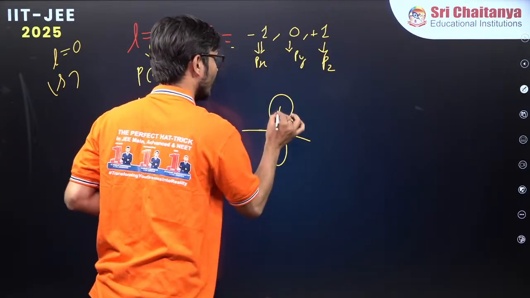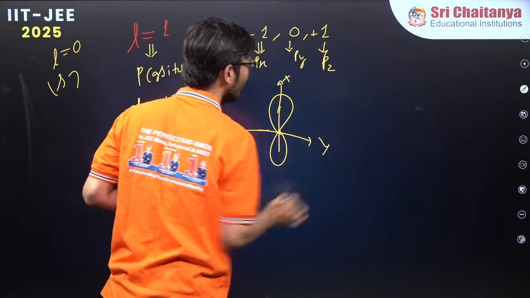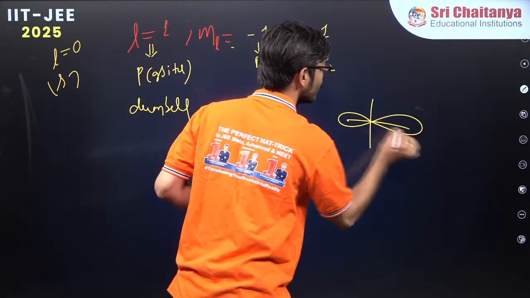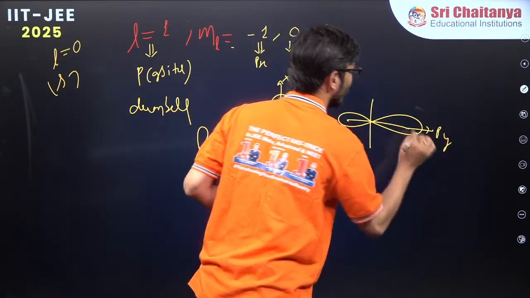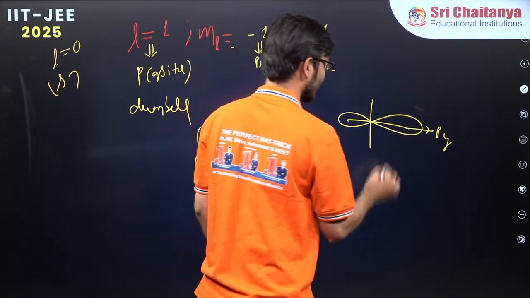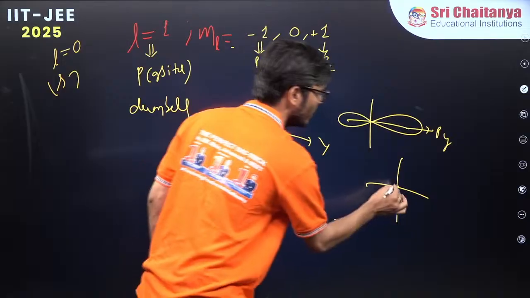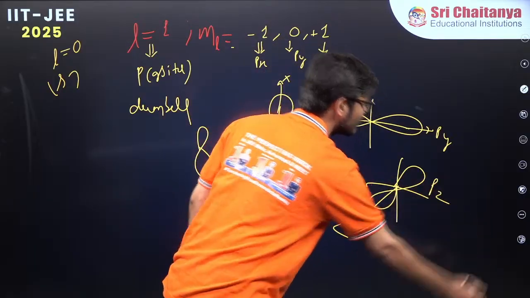Let us say this is the x-axis and this is the y-axis. Along x is the Px orbital, along the y-axis is the Py orbital. And let us say this is the z-axis. Along z, this is called the Pz orbital.